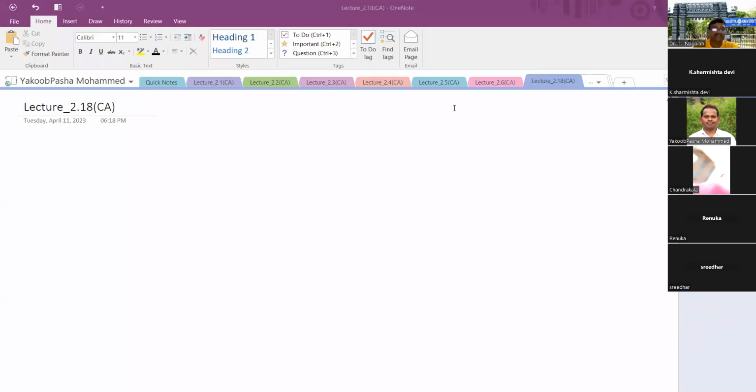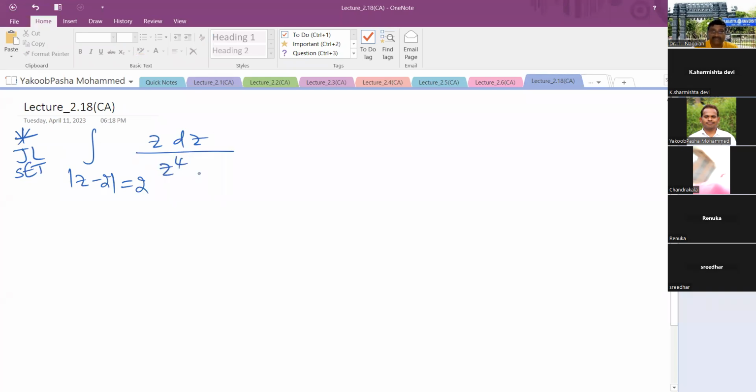I am taking one problem from JL, and also it is from SET. Just the integral over modulus of z minus 2 is equal to 2, of z dz divided by z power 4 minus 1, is equal to.